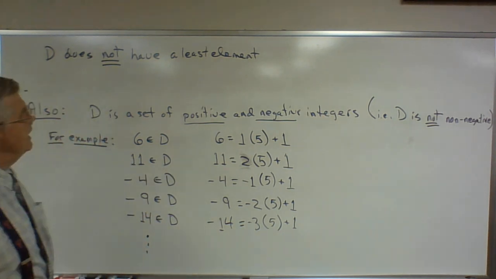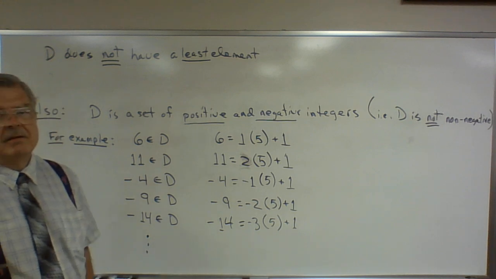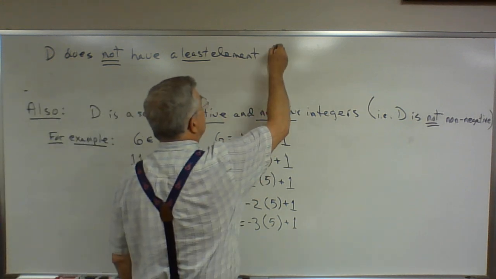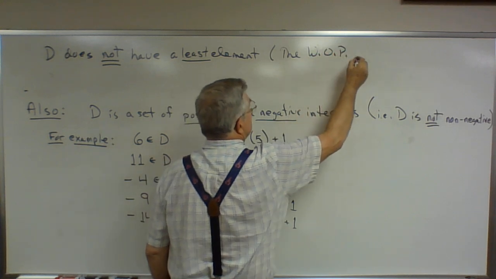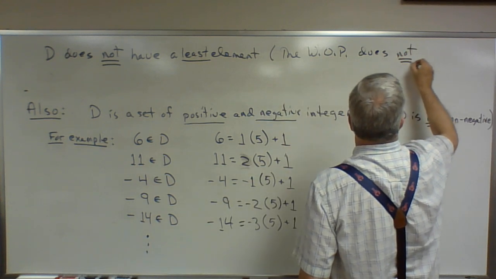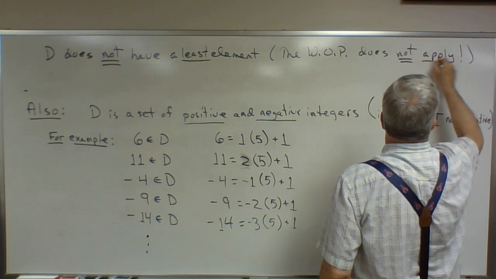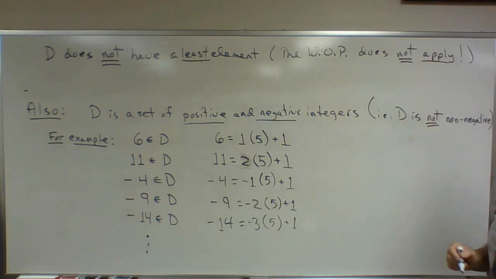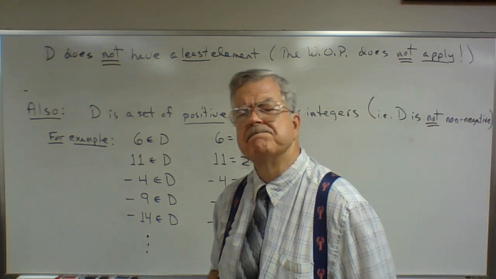D does not have a least element. The well-ordering principle does not apply. Well, why doesn't it apply?